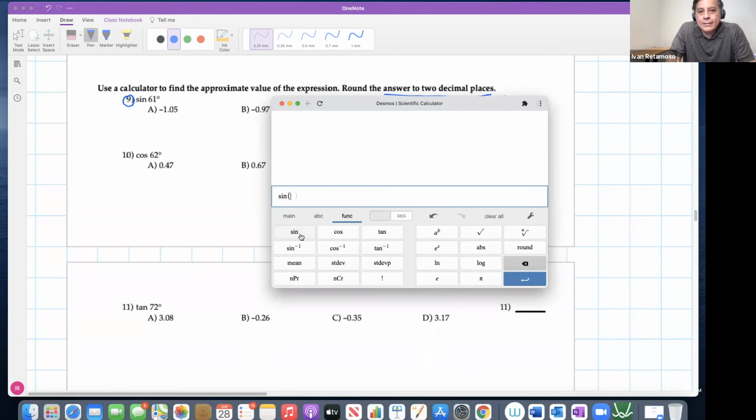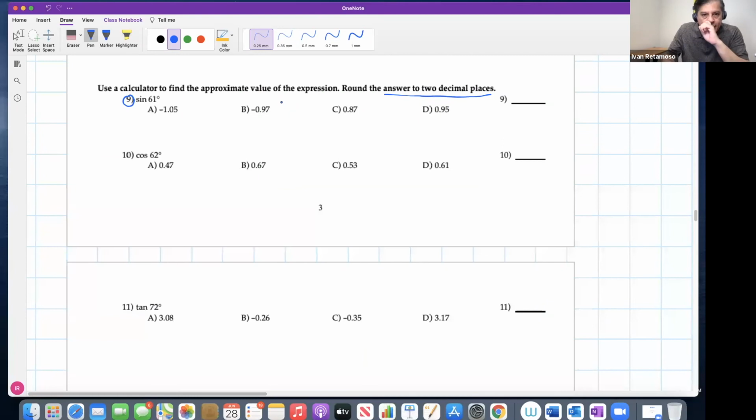Function sine is here, 61 degrees here. Okay, now this is what you get, right? But make sure that you are working with degrees, because if you click in here, then you will be working in radians, right? Whatever the calculator you are using, make sure you are working in degrees. 0.87 once you round it to 2 decimal places, right?